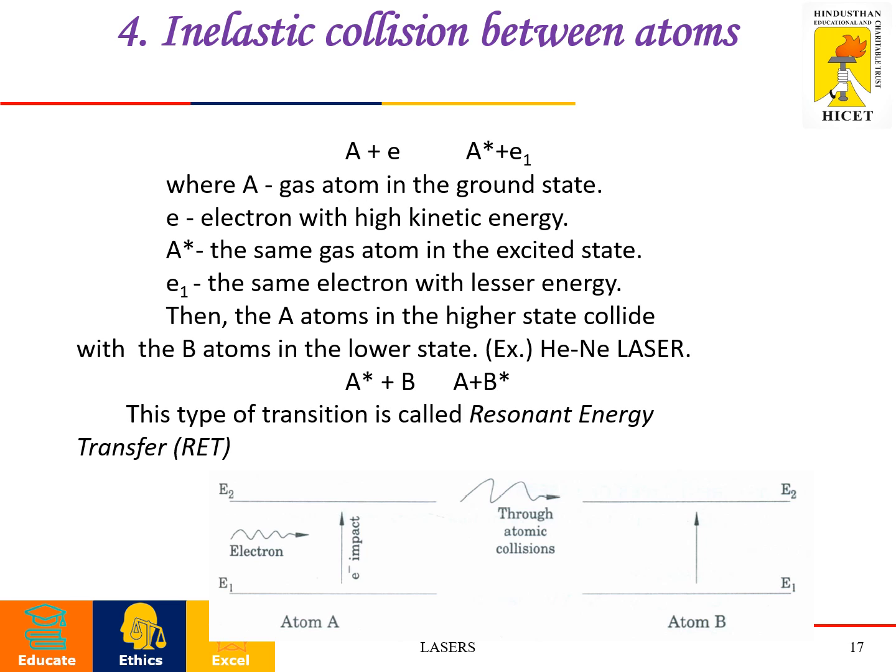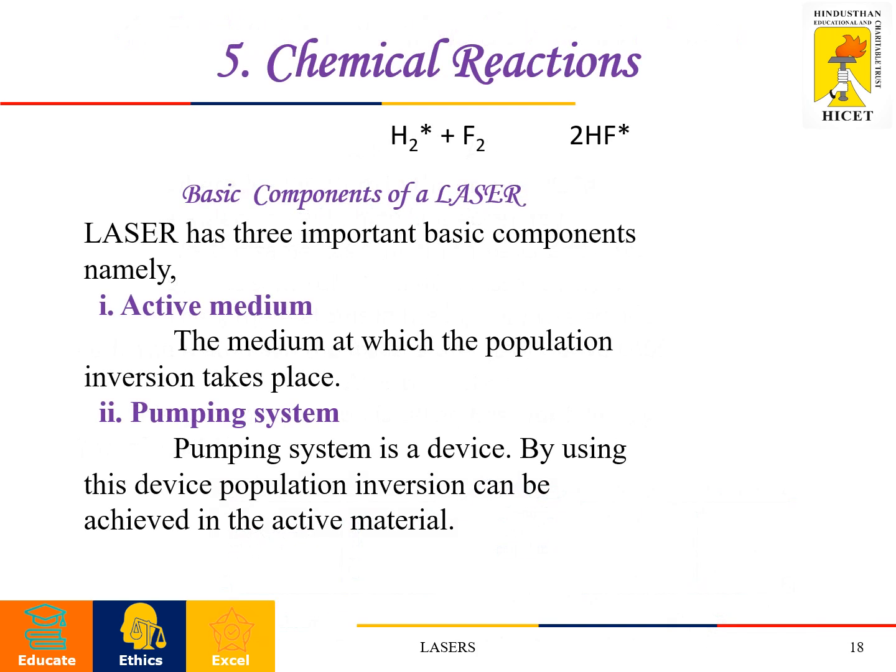In this process the excited atom A star will give its energy to the atom B, which is at the same energy level as A star, and A star will now become A, that is, lose its energy after giving it to the atom B. B will now be taken to the excited state and the atom A will fall to the ground state. This type of transition is called RET, the abbreviation for resonant energy transfer.